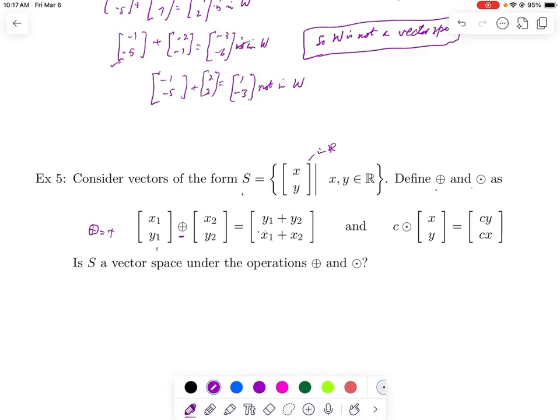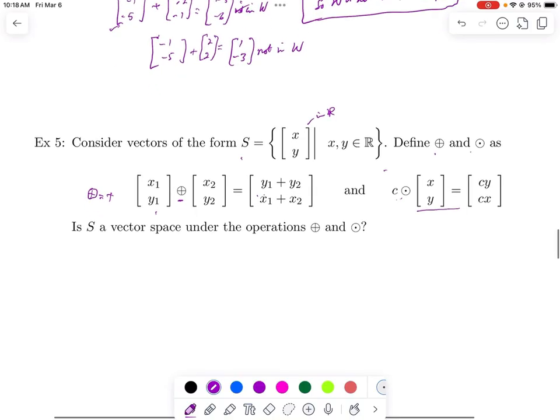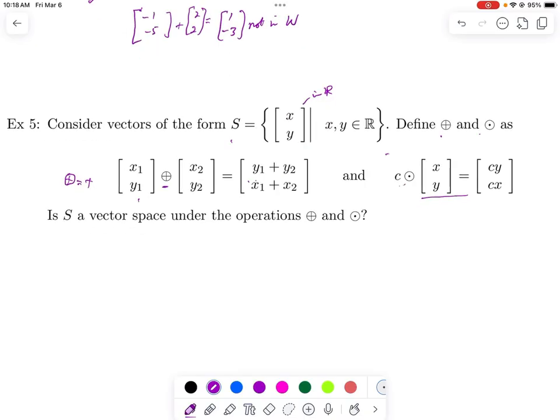But when we look at the scalar multiplication, c multiplied by xy is going to give us cy, cx. The standard will give you cx, cy. So this is not standard. Now, to check whether it is a vector space or not, we have to show those 10 axioms.